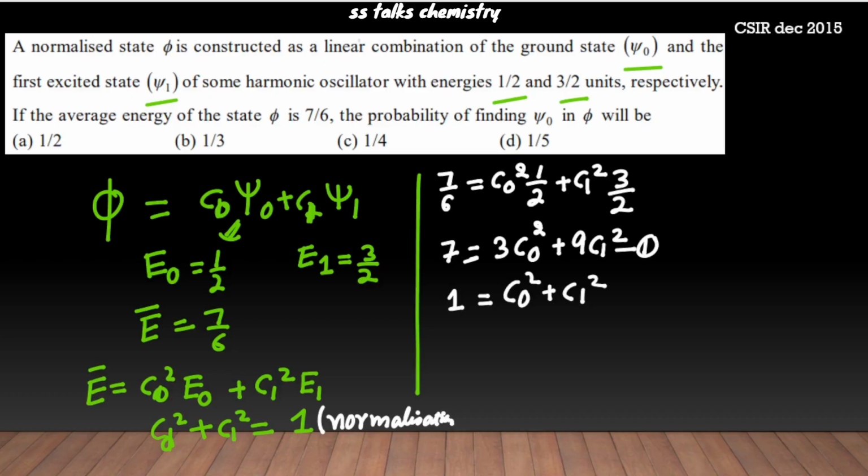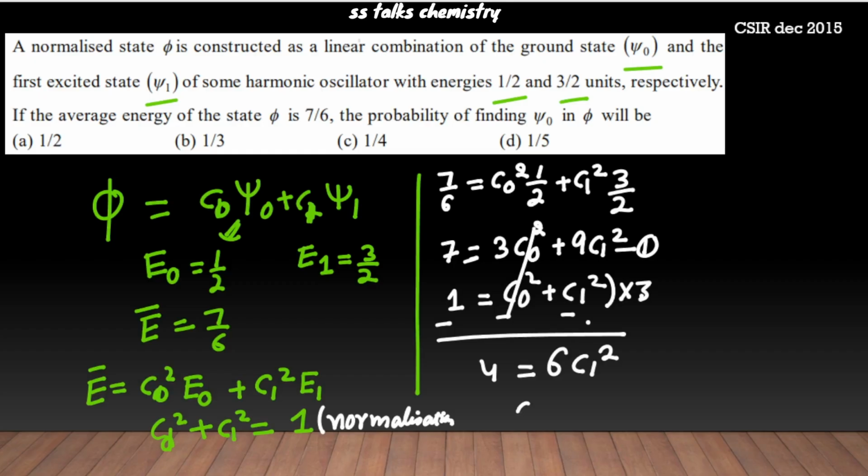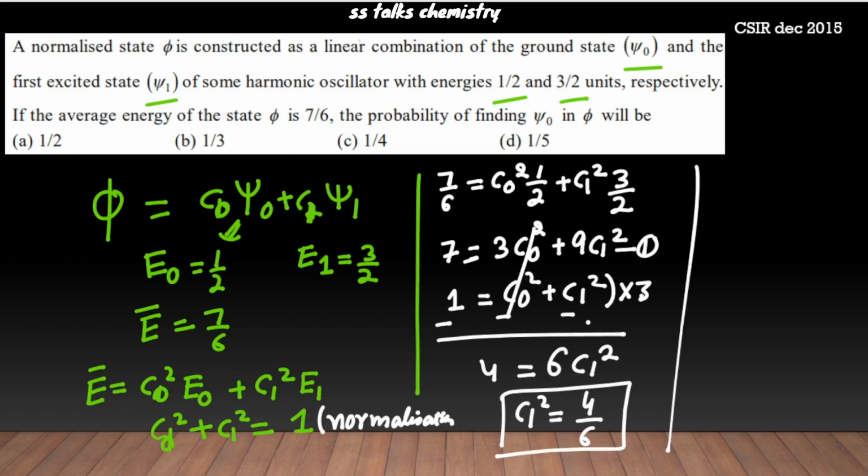Now here, if I multiply this with a factor of 3 and subtract both of these, the C naught terms get cancelled out, and we are left with 9 minus 3, which is 6 C1 square, equal to 7 minus 3, which is 4. So C1 square is equal to 4 by 6. Now C naught square is equal to 1 minus C1 square, so it is 1 minus 4 by 6, which comes out to be 2 by 6.